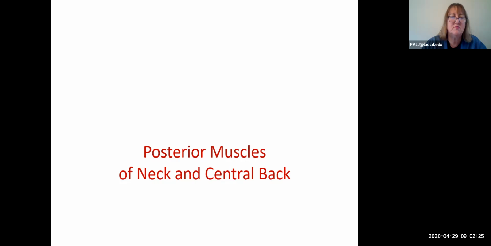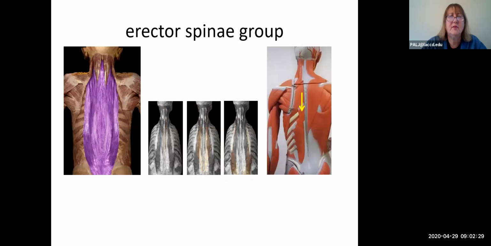Now let's do some muscles in the neck area, okay, and in the back, deeper muscles. So if we take off the trapezius and take off latissimus dorsi and take off those rhomboids, then we can see our next set of muscles.